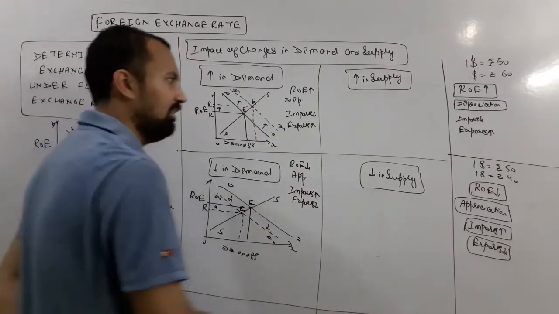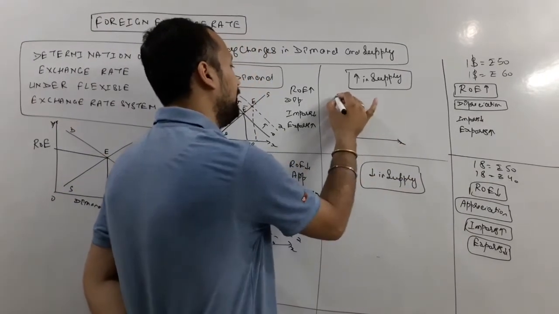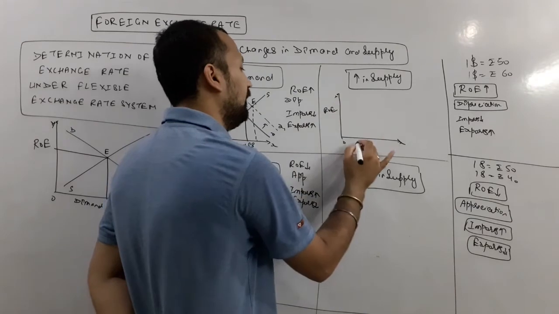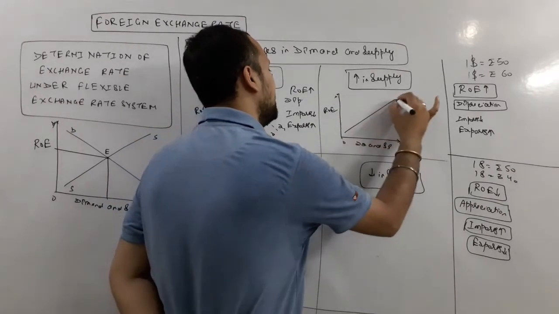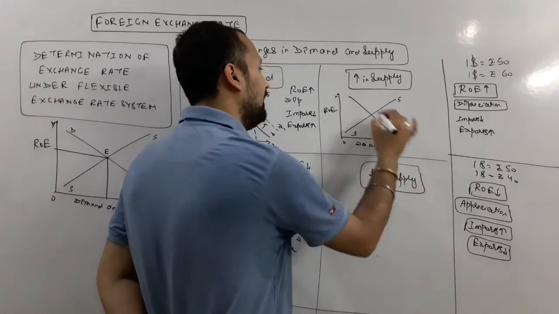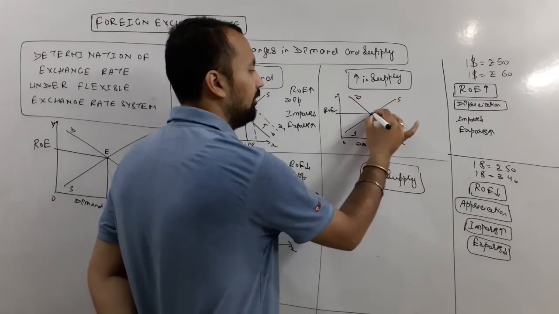In the same situation, increase in the supply. Same situation, x-axis, point of origin, y-axis. Here I am writing down rate of exchange, and here demand and supply. SS is the supply curve, that is upward sloping. DD is the demand curve, that is downward sloping. This is the point of equilibrium.